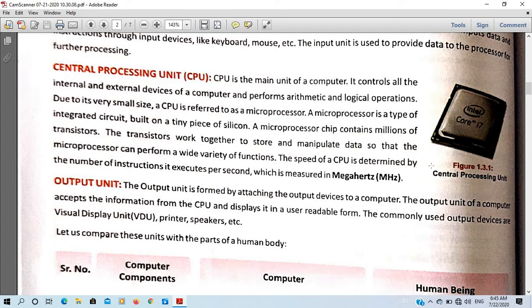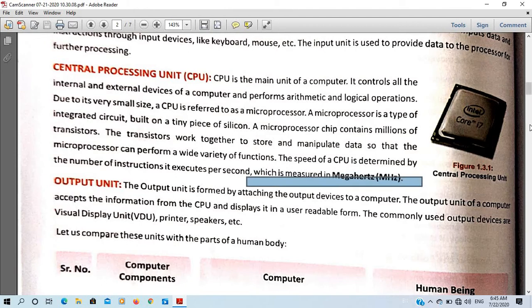The speed of the CPU is determined by the number of instructions it executes per second. So in 1 second, how many inputs the computer is taking and how many outputs it is giving, that is called the speed of the CPU, and it is measured in megahertz. You should remember this point: the speed of the CPU is measured in megahertz.